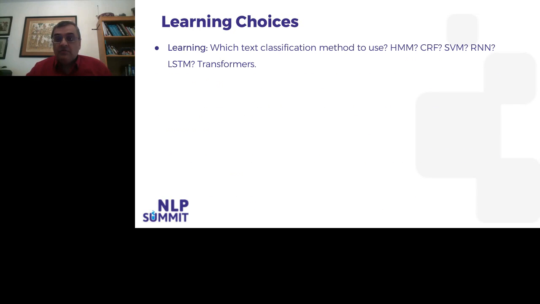In terms of learning choices, here are a bunch of options that have been used for doing text classification over the years, from hidden Markov models, conditional random fields, RNNs, recursive neural networks, LSTMs (long short-term memory), and then transformers. Now, since transformers have broken all state-of-the-art, or many of them, benchmarks in the last couple of years, it was a pretty easy decision to go with the transformers.